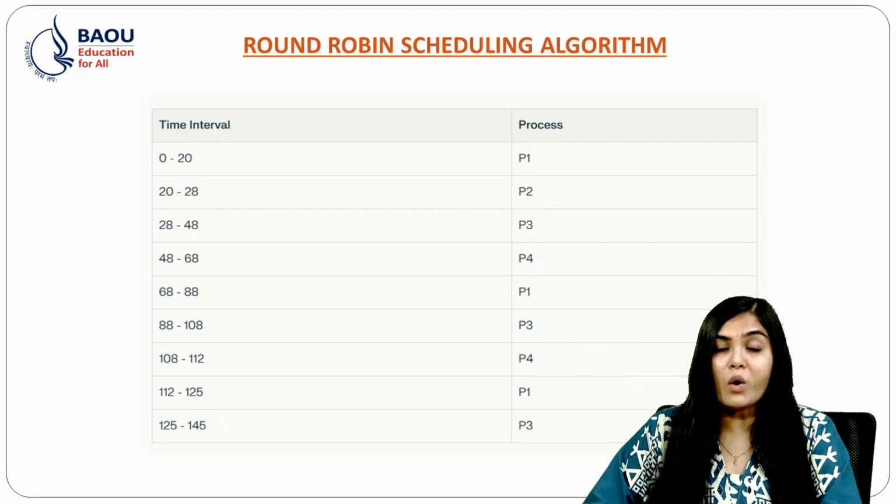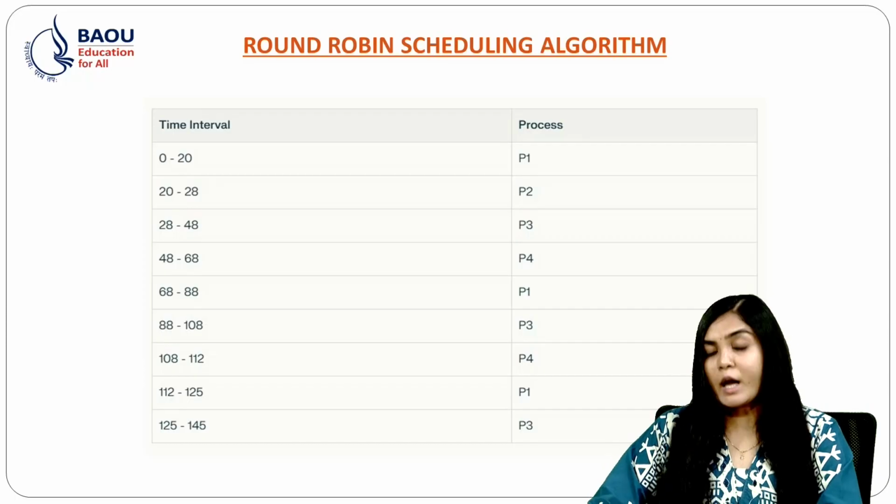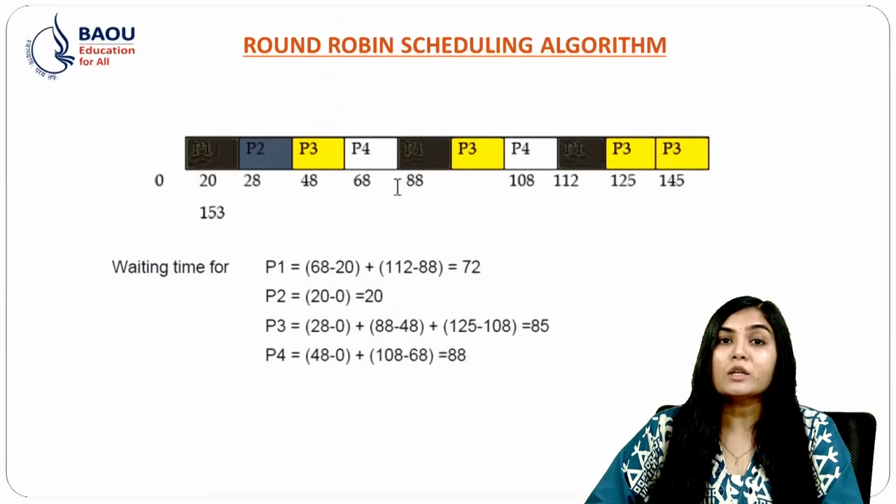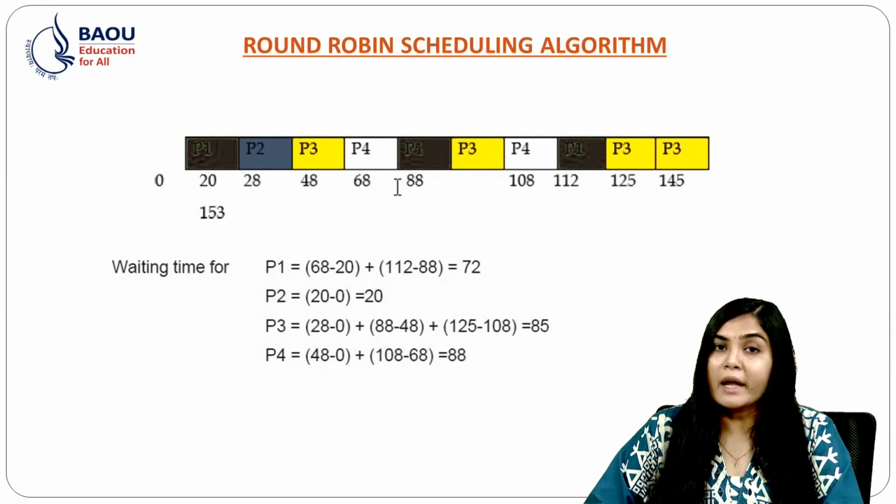So, we also need to calculate the waiting time. The waiting time for a process is the total time it is in the ready queue waiting for the CPU.